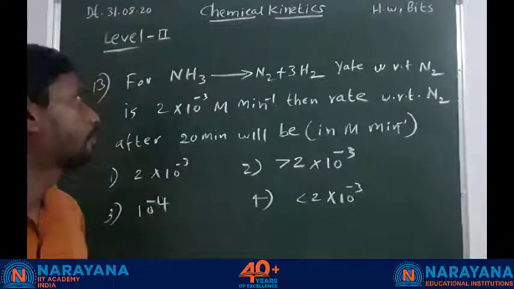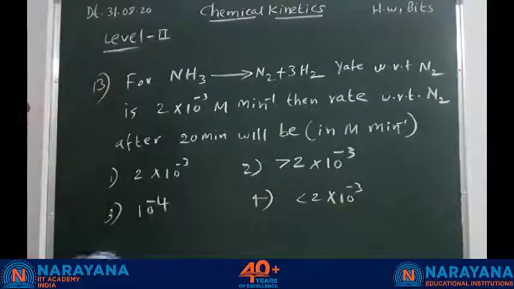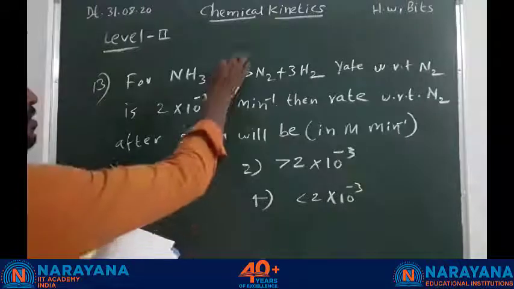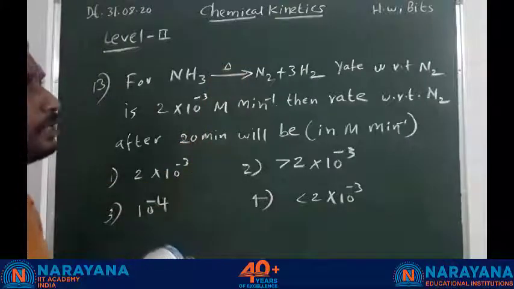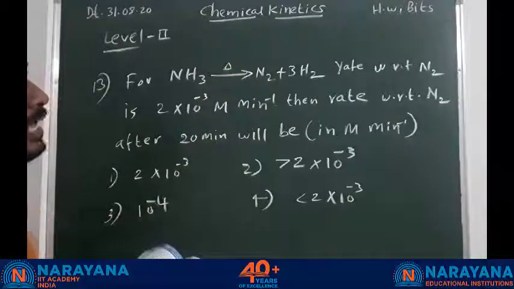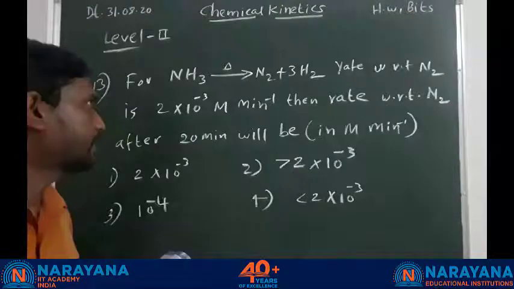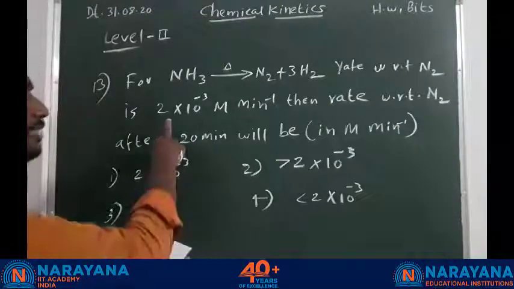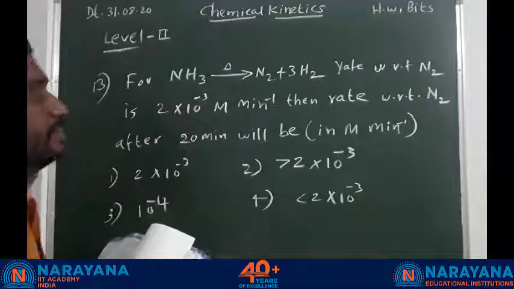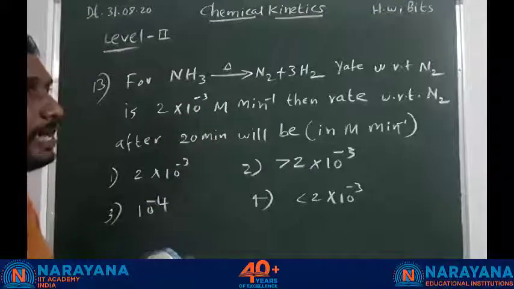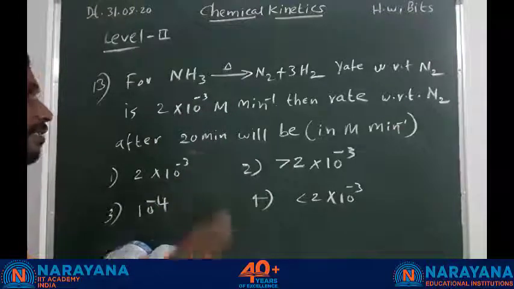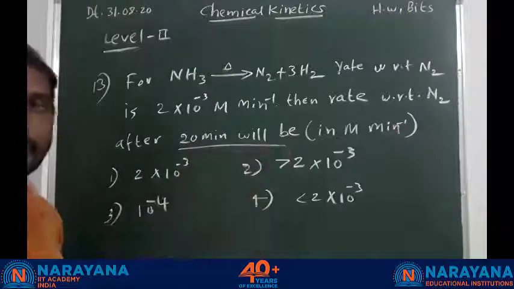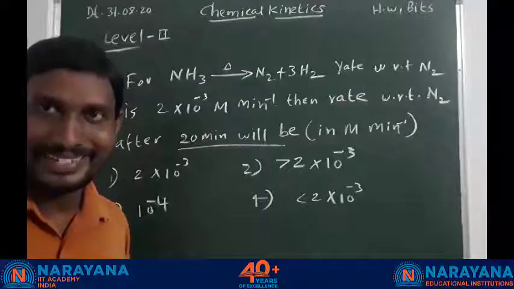Next, level 2, question number 13. For NH3 decomposition, students, 2NH3 gives N2 plus 3H2, rate with respect to nitrogen, that is N2, is 2 into 10 power minus 3 molar per minute. Then rate with respect to nitrogen after 20 minutes will be, students, this is a zero order reaction.